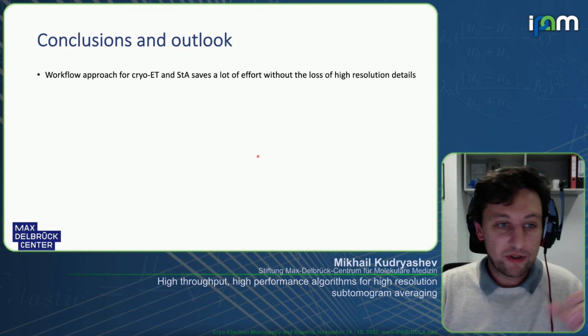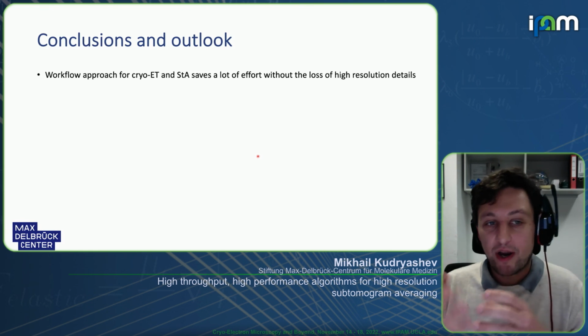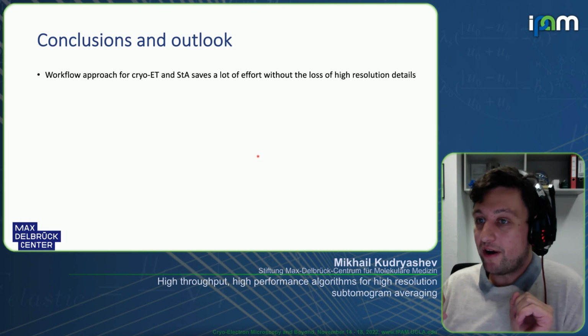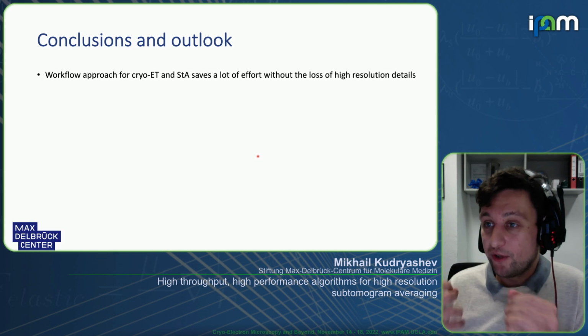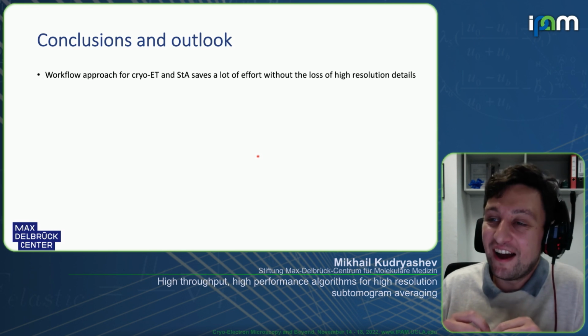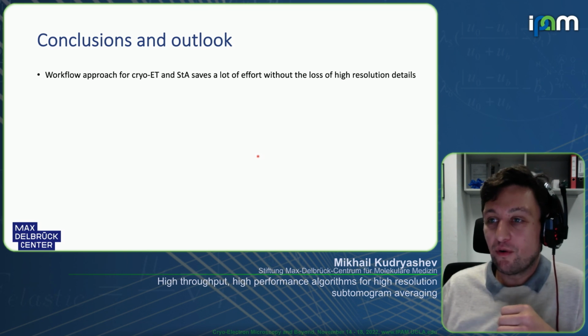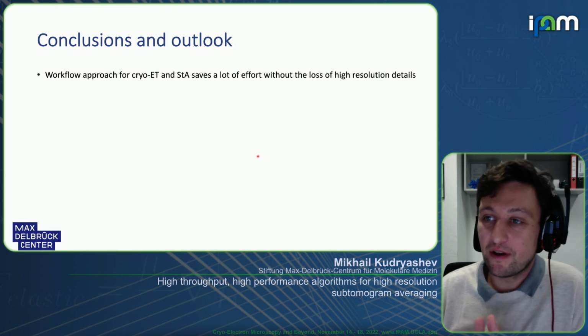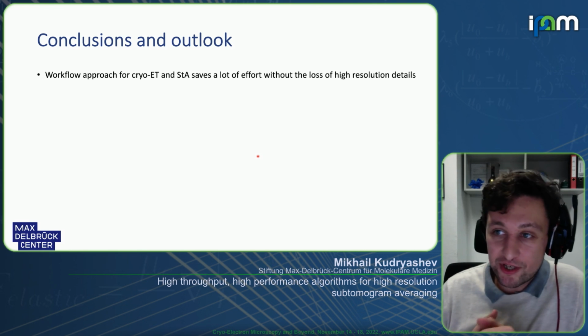I hope I could convince you that the workflow approach for cryo-electron tomography and subtomogram averaging saves a lot of effort without the loss of high resolution information. And I could feel it firsthand because I have just moved my lab from Frankfurt to Berlin, and only one person came with me, which was Vasily, the one who did the 4 angstrom structure of ryanodine receptor.